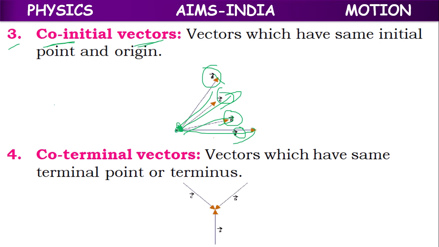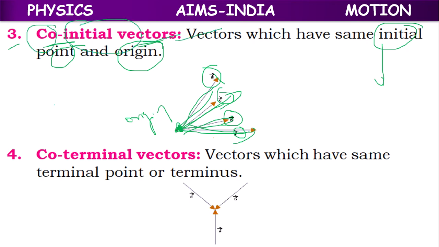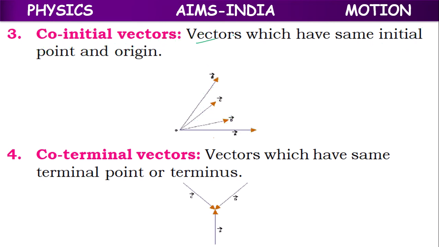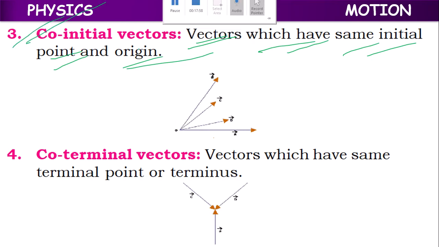Means the place from which they originated, from which they started, is the same. Their origin is the same, or their initial point is common. That's why they are called co-initial vectors or common initial vectors. Co-initial vectors are vectors which have the same initial point and origin.